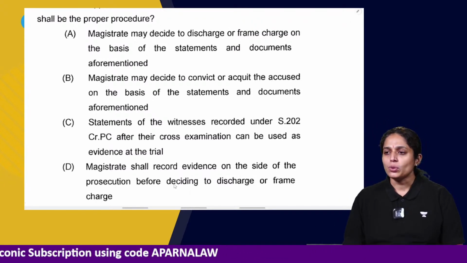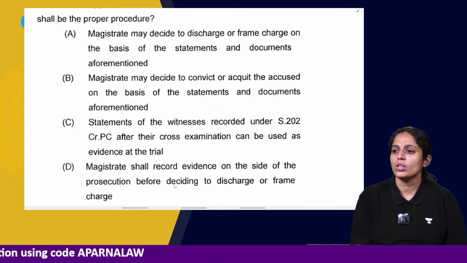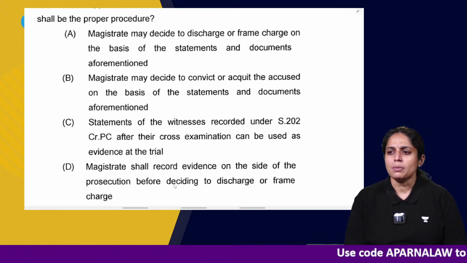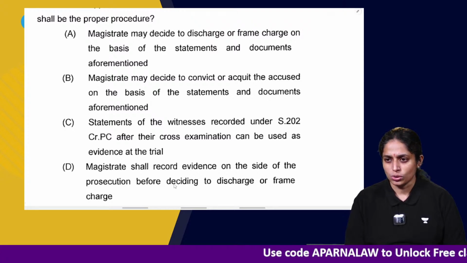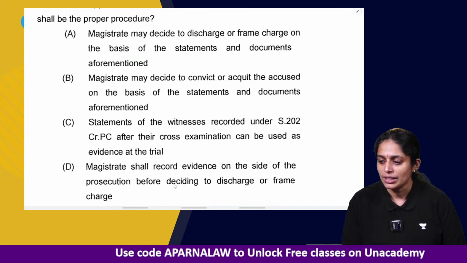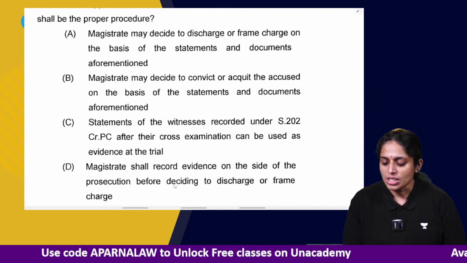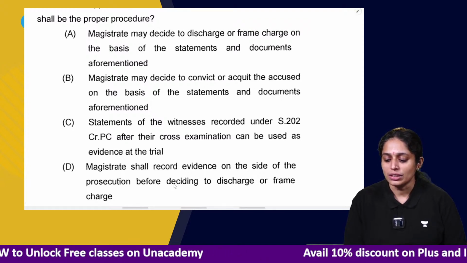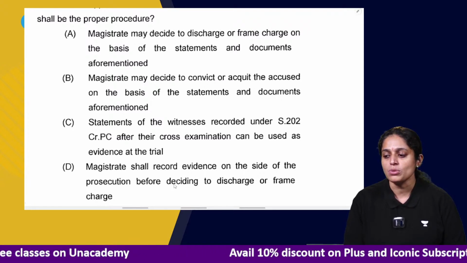B. Magistrate may decide to convict or acquit the accused on the basis of statements and documents aforesaid. C. Statements of the witnesses recorded under section 202 CrPC after their cross examination can be used as evidence at the trial. D. Magistrate shall record evidence on the side of the prosecution before deciding to discharge or frame charge.